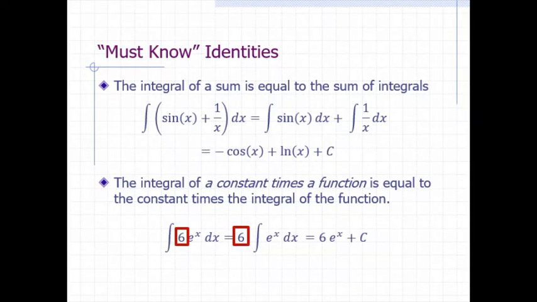So we can factor out the 6, and the simpler integral that we need to evaluate is e to the x with respect to x. We know this to be e to the x plus an arbitrary constant. 6 times an arbitrary constant is just another arbitrary constant, which we can represent by capital C. So our final answer is 6 times e to the x plus c.